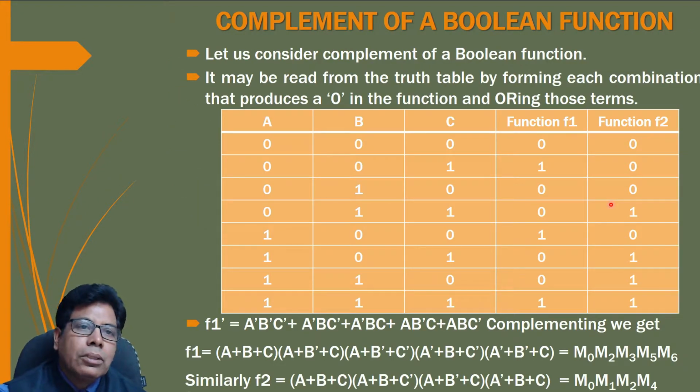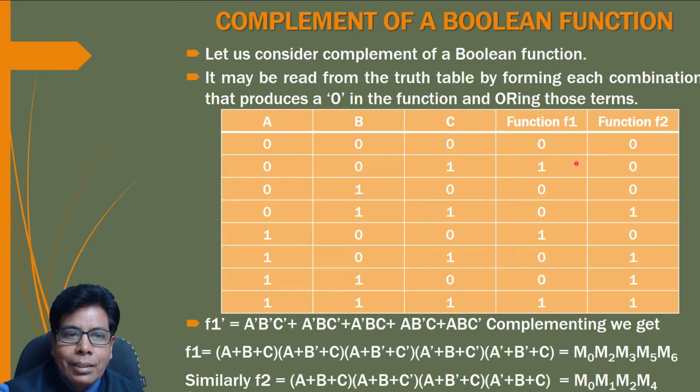Then let us go to the complement of a Boolean function. Let us consider the complement of a Boolean function. We can read it from the truth table by forming each combination that produces 0 in the function and ORing those terms. The same table we have drawn again here, functions f1 and f2.